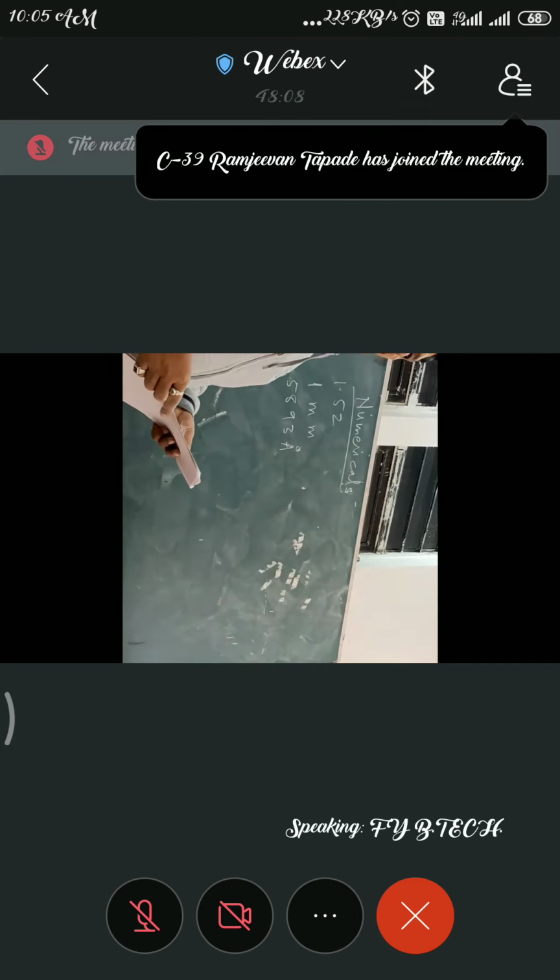The fringe spacing is 1 mm, and the wavelength of light is 5893 angstrom unit.